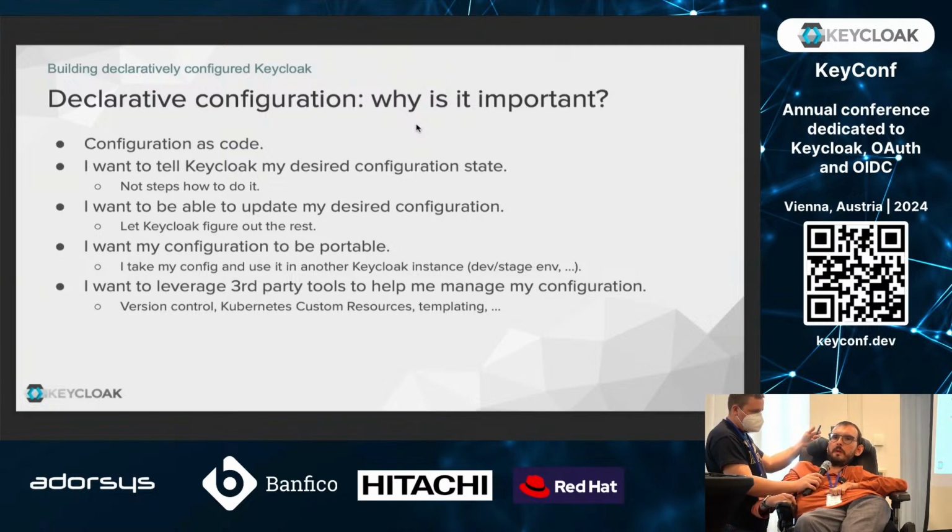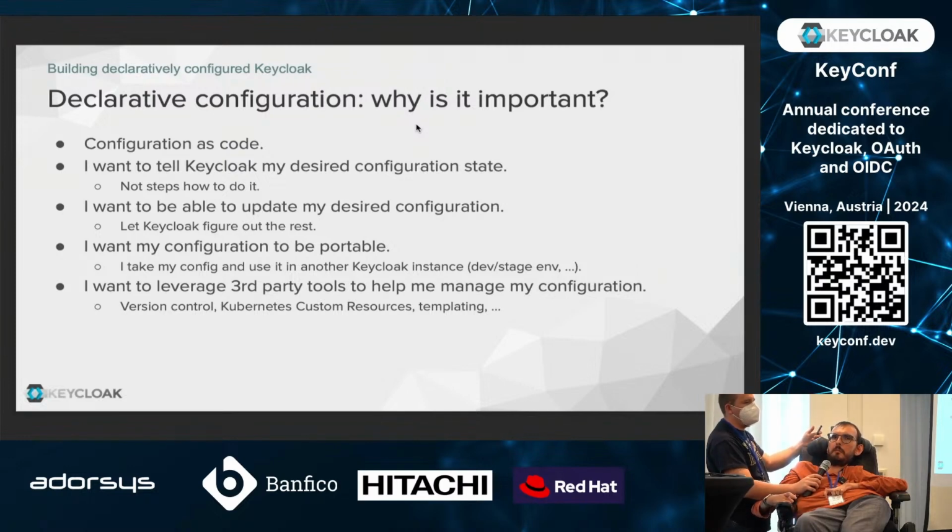I want my configuration to be also portable without exporting. I want to just take my desired state and move it to, I don't know, a stage or dev environment. Maybe I want to just try a different Keycloak version, an upgrade, something like that. And I also want to be able to leverage third-party tools.